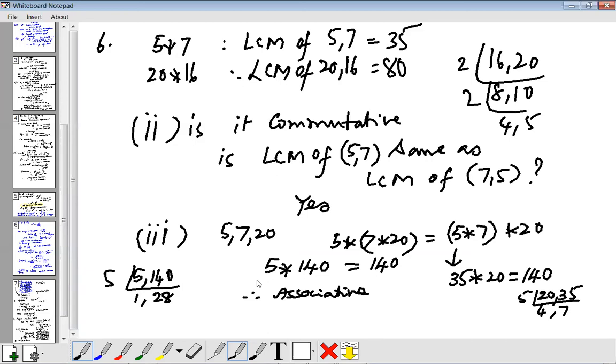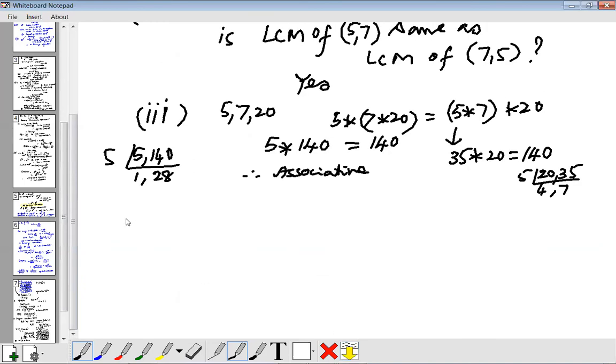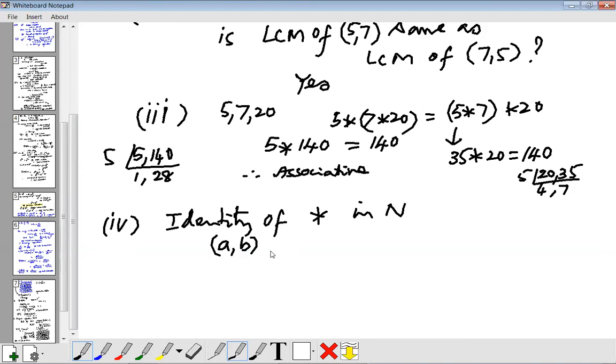Find the identity of star in N. So now he is asking to find the identity. That's the fourth question. Identity of the operation in N. That means you have to take A star B should be equal to B, that means LCM of A and B equal to B. Yes, it is possible.